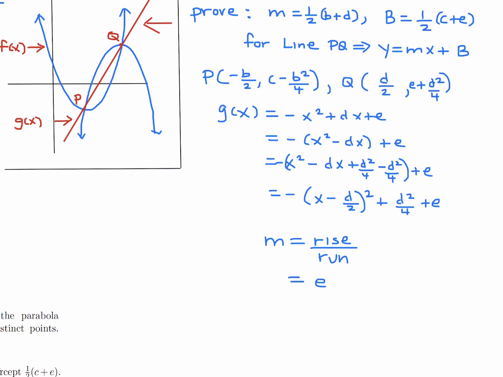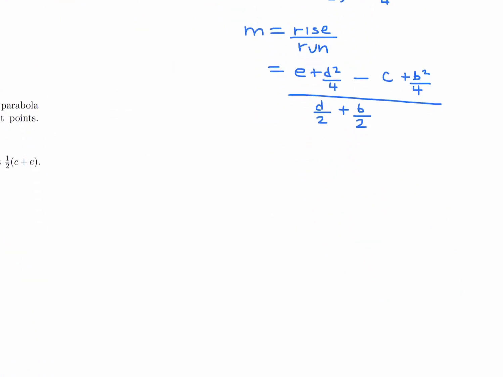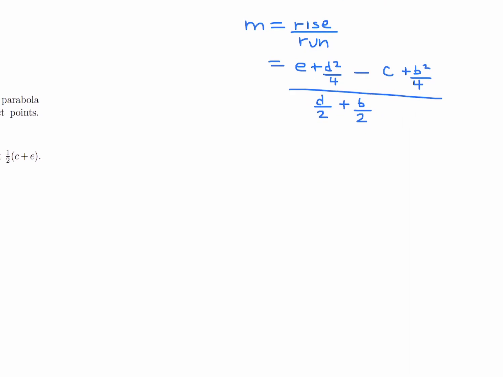So that's going to be e plus d squared over 4 minus c plus b squared over 4, correct? And the run is the difference between the x coordinates. So that's going to be d over 2 minus b over 2. So it becomes plus b over 2. All right, so here we go. Now we've got to do some algebra here.